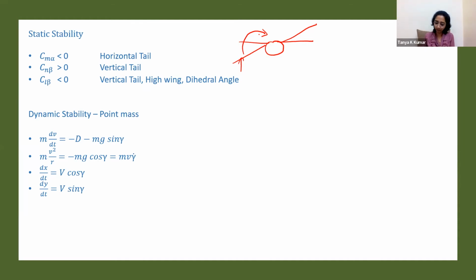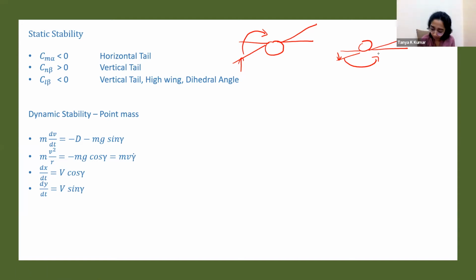Now, for the same rolling, if you have a low wing configuration and it rolls again towards the right, the oncoming velocity would push against the upper surface, and you have a further deteriorating component of moment. It has no restoring term. So the low wing configuration is not stable in the lateral sense.